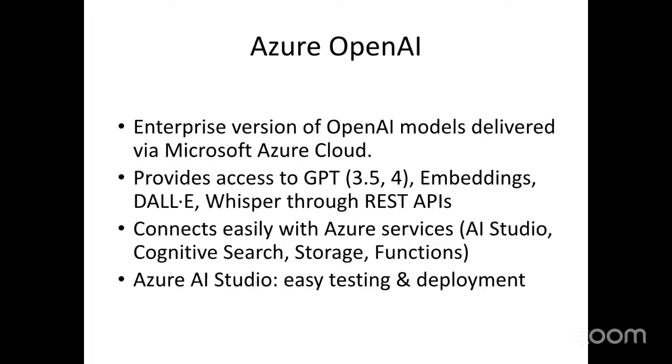We have to get the brain from somewhere. Azure OpenAI is the platform provided by Microsoft from where we can get the models. Here we have Azure AI Studio and other tools which we can use in our code and make use of this kind of leverage.